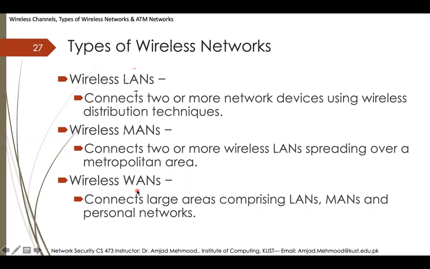So this is how we distinguish where which network is applied. This is in the organization, this is in the cities, and this is in the country, between the countries, or within a country.